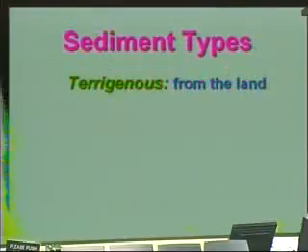So what about sediments then in the ocean? What about kinds of things that are being deposited that make up part of this ocean basin process? I'll go through a list of sediment types here. Those that come off the land. Deltas wash a lot of stuff into the ocean. Wind, of course, can blow things into the ocean. So anything derived from the land is referred to as terrigenous sediment.